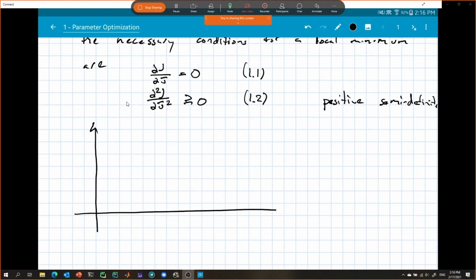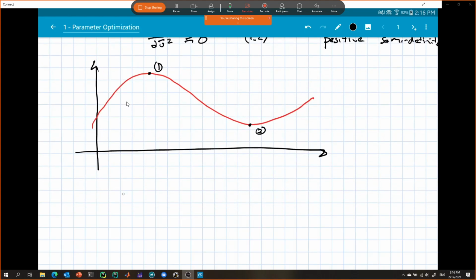So this is kind of simple review. But if we have some kind of function here, right, and let me change color, at this point 1, that's a maximum, and this one's a minimum. We can tell that because at 1 the first derivative is 0, but the second derivative, the curvature, is negative.